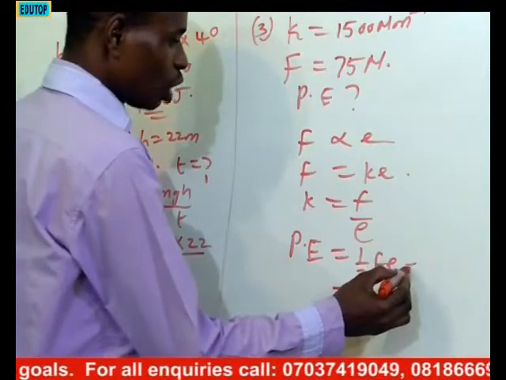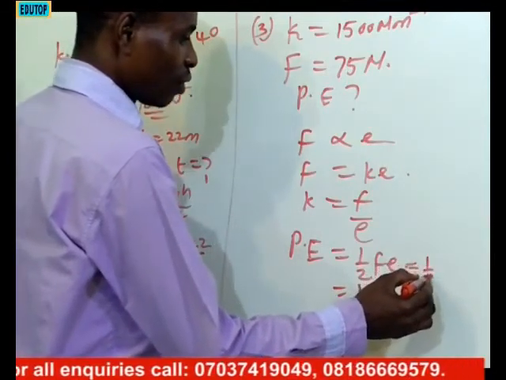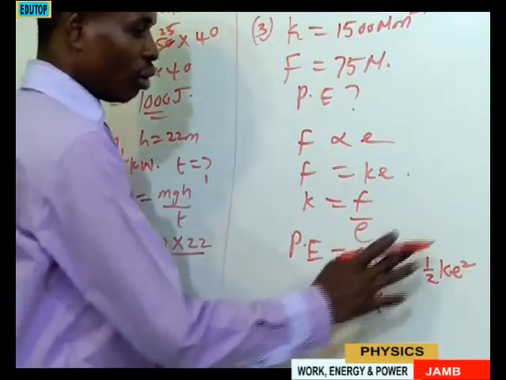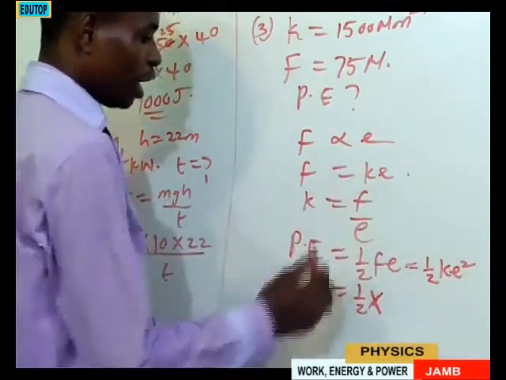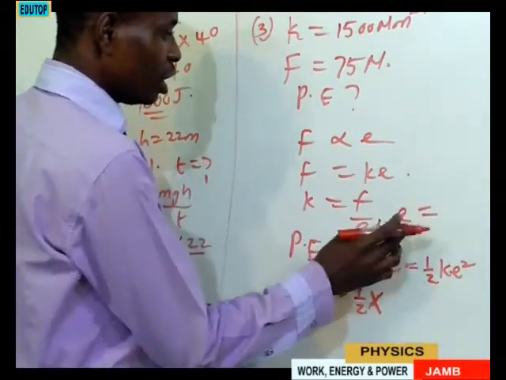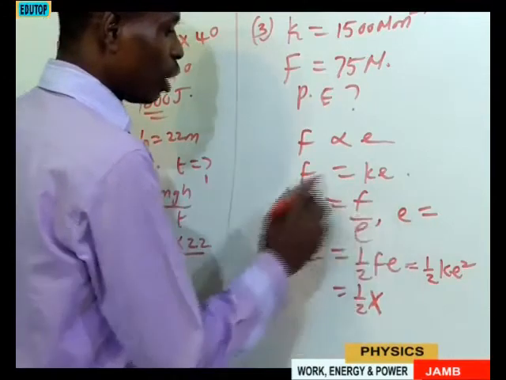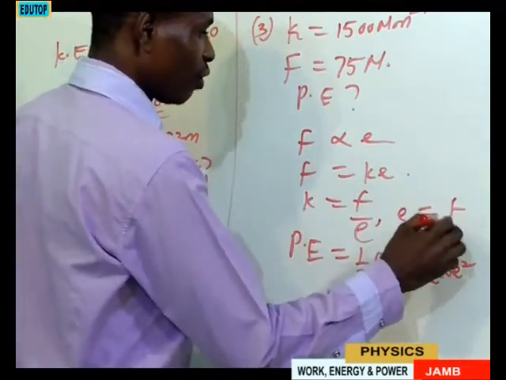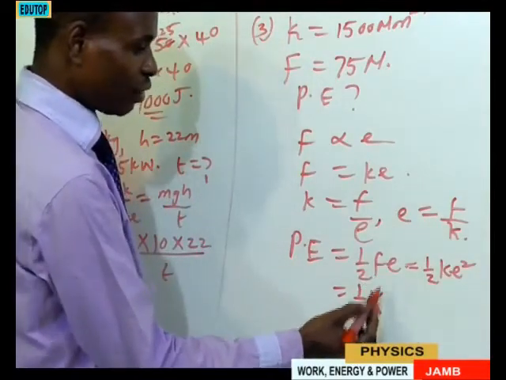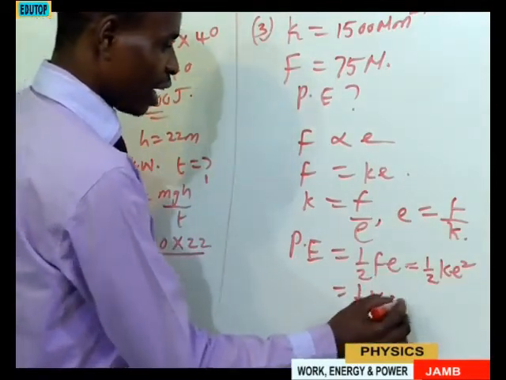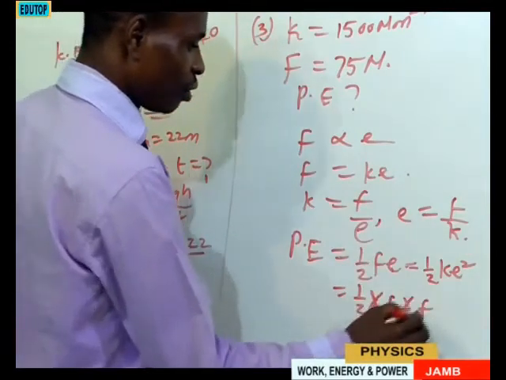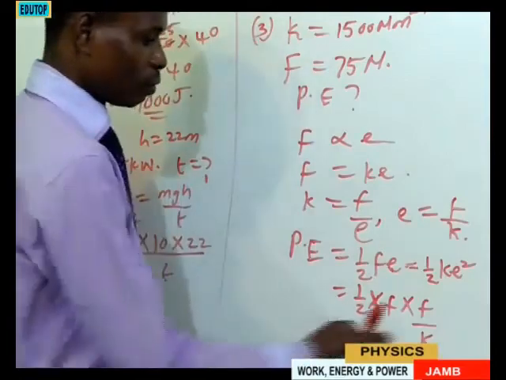This can also be equal to half Ke squared for a spring. Let's make e the subject of the formula here. We are going to have F over K. Substitute it where we have e: half times F times e, instead of having e, we have F over K.